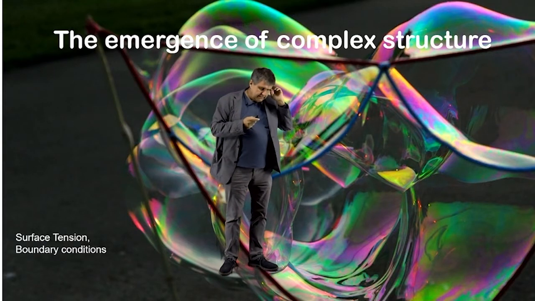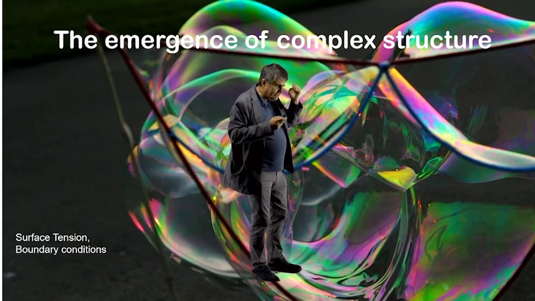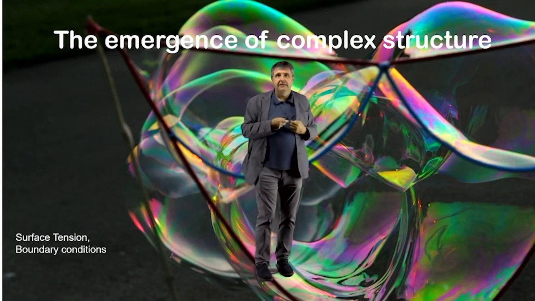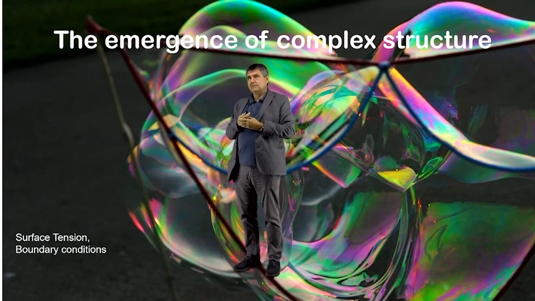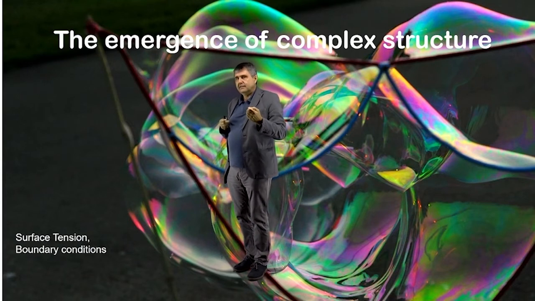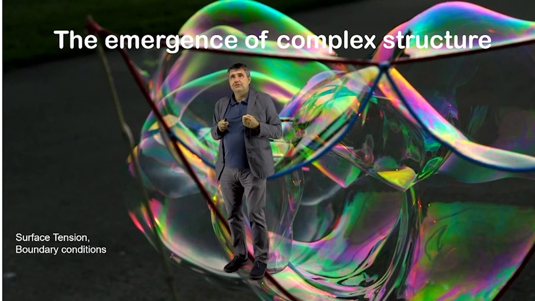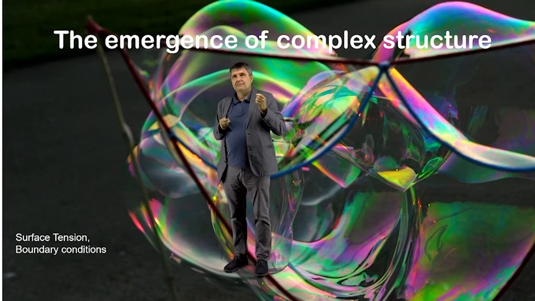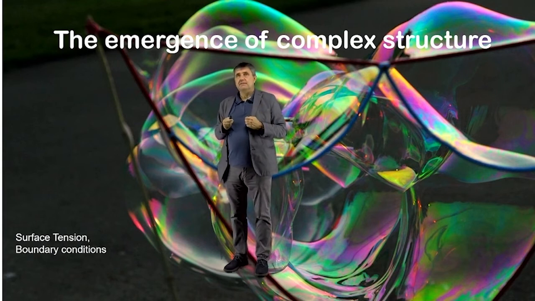And now, how is this complexity generated? There's no good answer for this at all, and I think that's a big research topic in general. But let me just give you one example that shows that complexity can emerge from very, very simple principles.